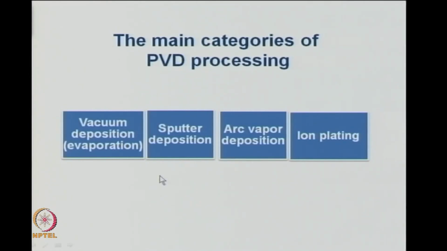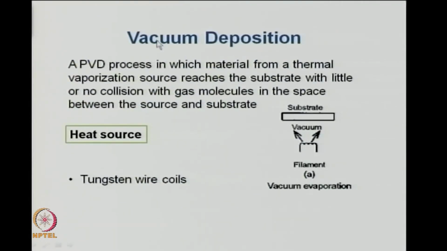Mostly they start with solids, which may be metals or compounds, and then you use high energy, evaporation techniques, sputter deposition, or electrical discharge to form the films. Coming to the first methodology of the PVD process, it is the vacuum deposition process, in which material from a thermal vaporization source reaches the substrate with little or no collision with gas molecules in the space between the source and the substrate.